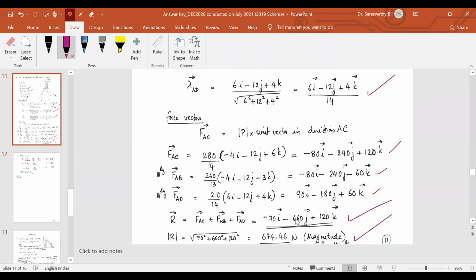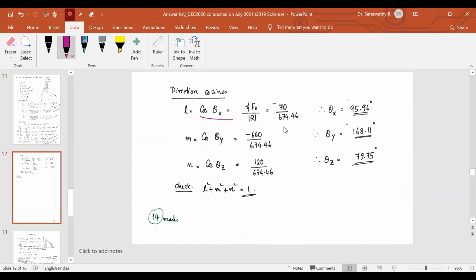This is nothing but sigma Fx i, sigma Fy j, sigma Fz k. The first term, Fx 70, divided by the value of R, 674.46, will be cos theta x. So we'll get theta x, the angle which the resultant makes with the x direction.